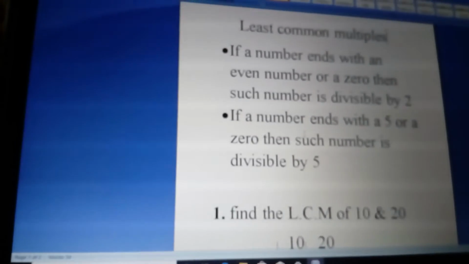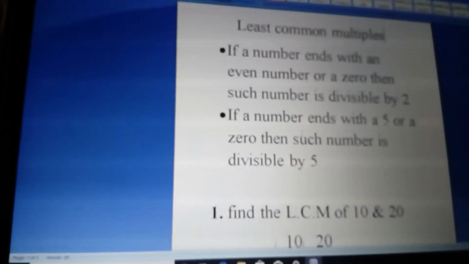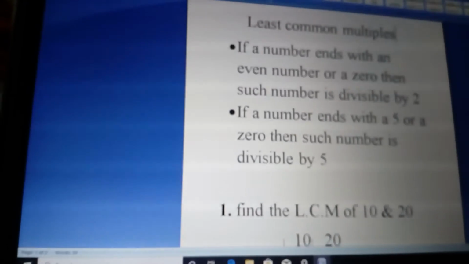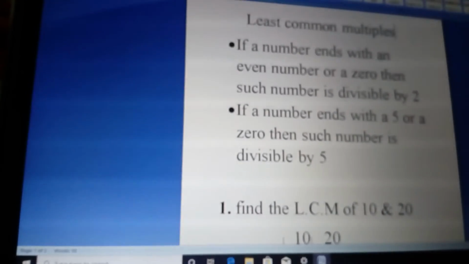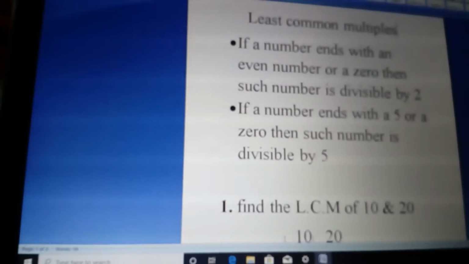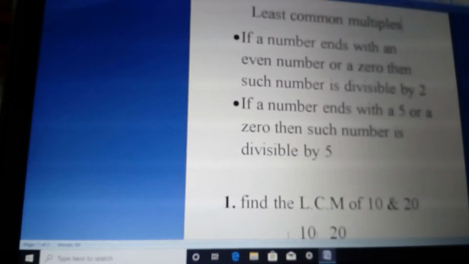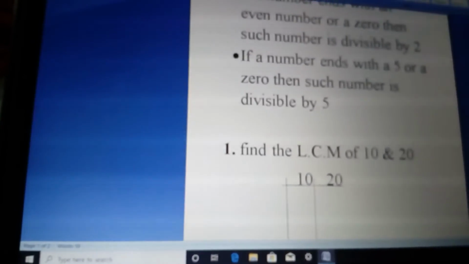If this condition holds, then you can start dividing by 2. Then the second point, if the number ends with 5 or 0, then the number is divisible by 5.